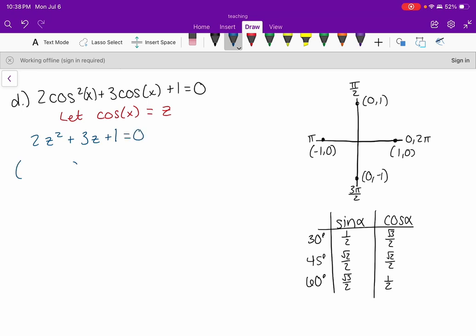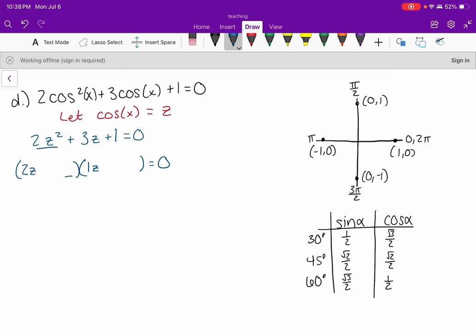So when you do trinomial factoring, you have your two sets of parentheses. Your two numbers in the front here need to multiply together to equal 2z squared. To equal 2, the only two numbers that can do that are 2 and 1. So this is going to be 2z and z.